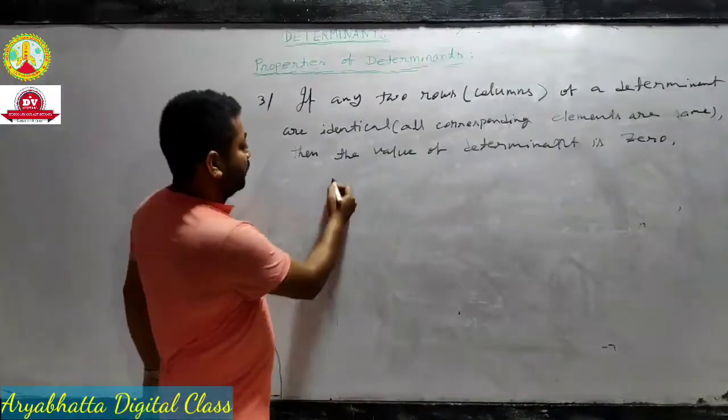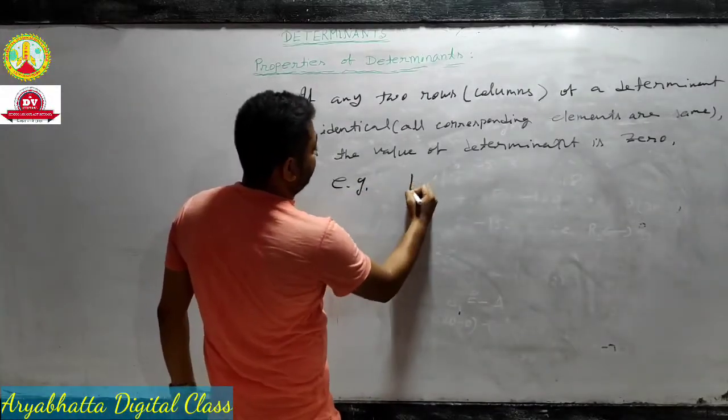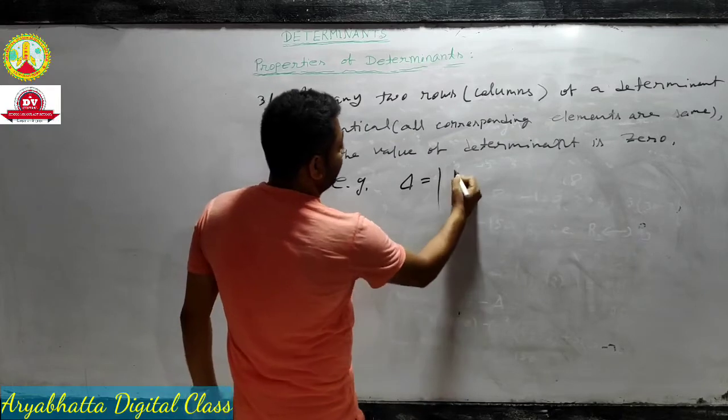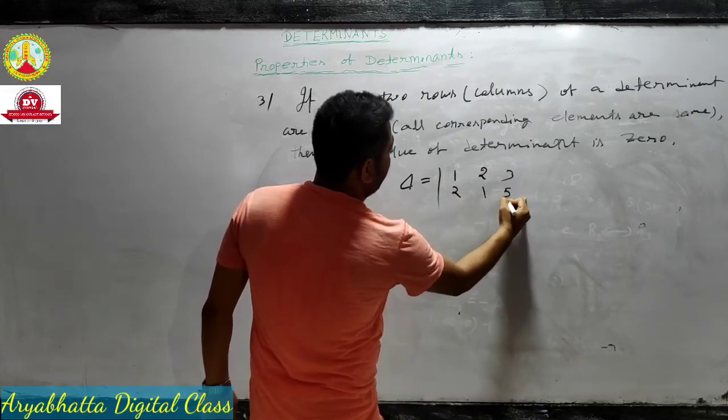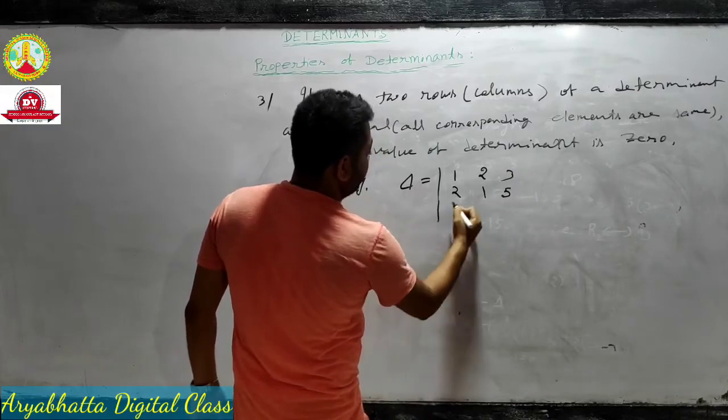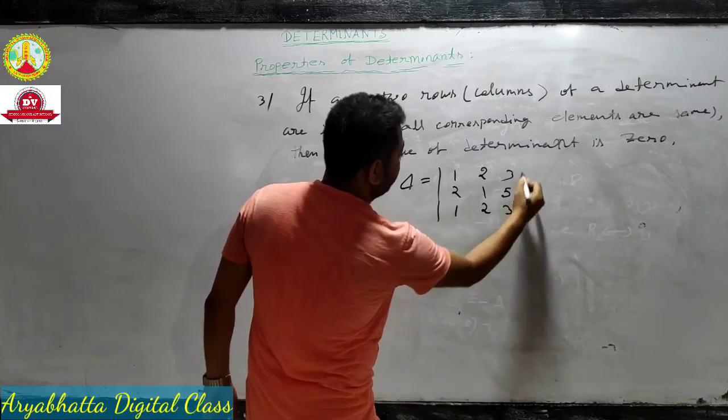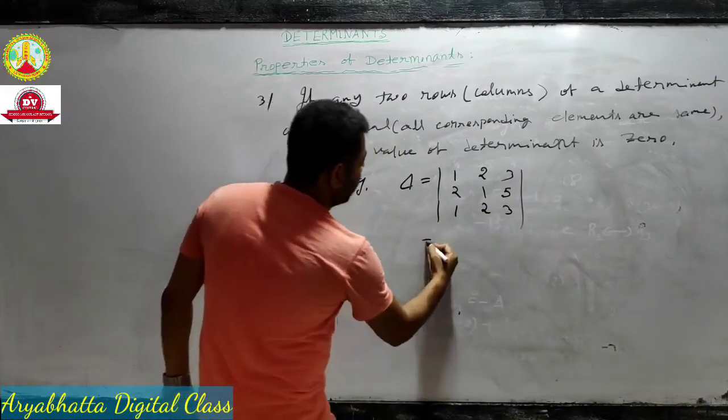For example, delta is equal to the determinant with rows 1, 2, 3; 2, 1, 5; 1, 2, 3.